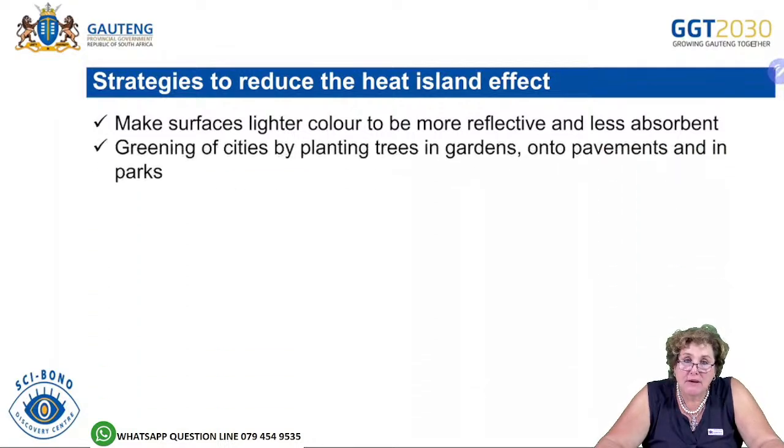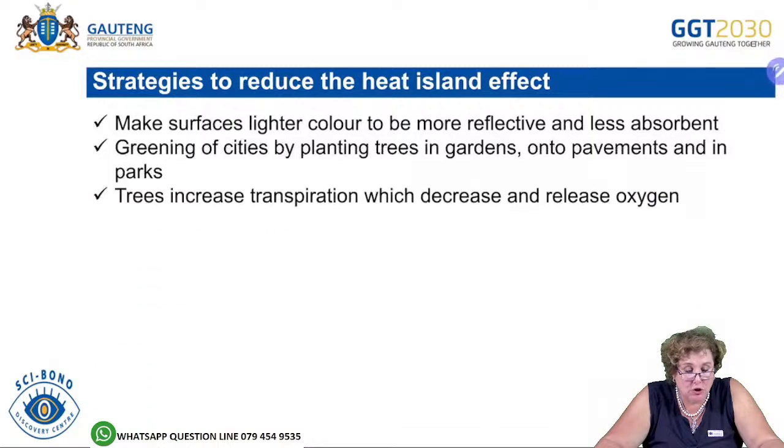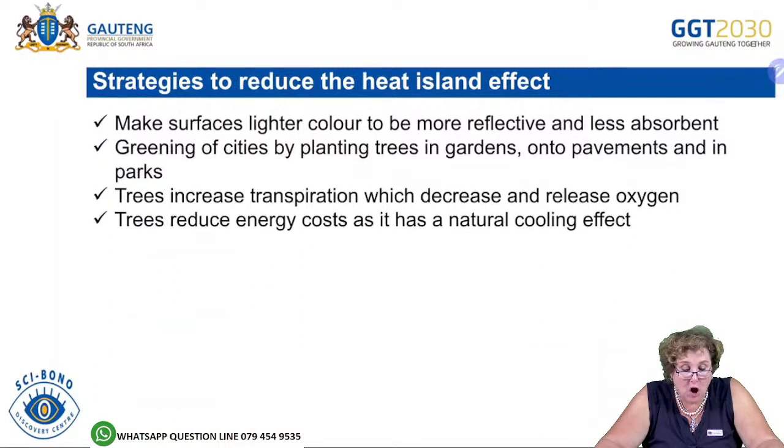We can have greening of cities by planting trees in gardens, onto pavements, in parks, reduce our paved areas and bring in more grass or trees or shrubs. Trees can increase transpiration, which will decrease temperature and release oxygen. Trees can reduce the energy cost as they have a very natural cooling effect.